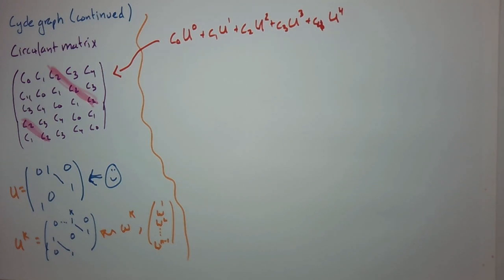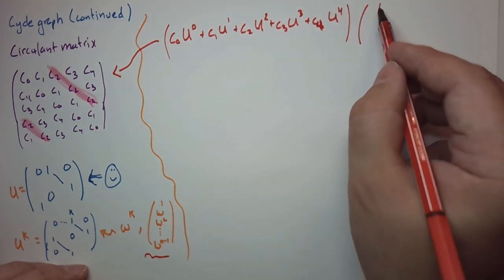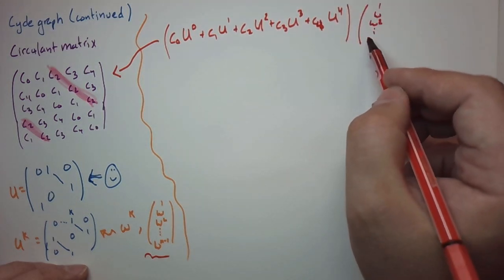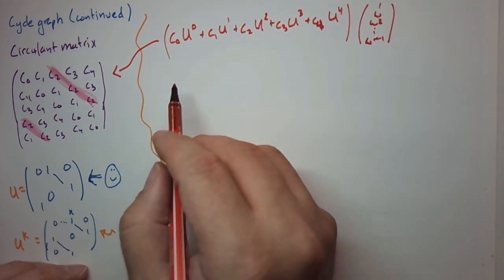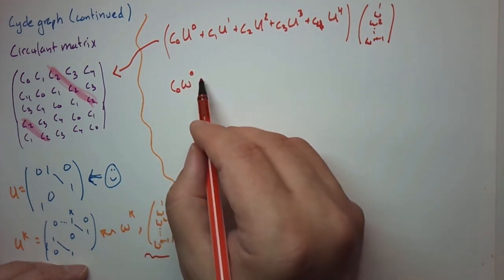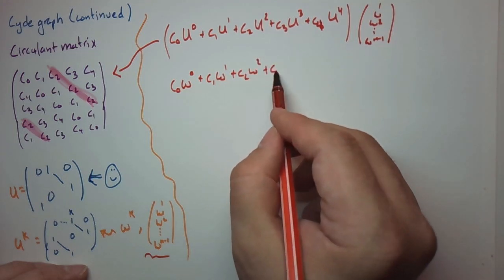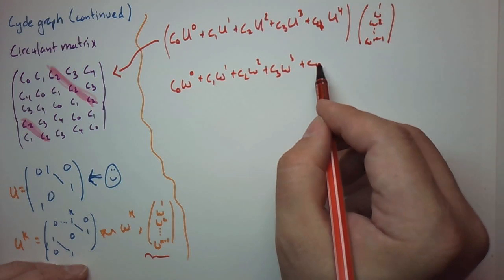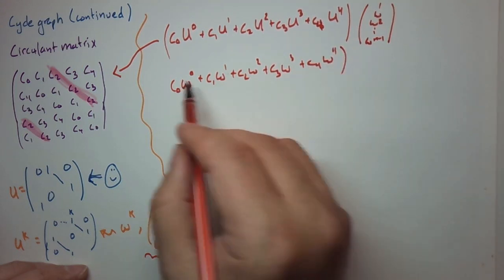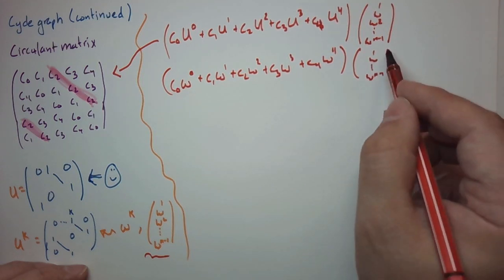Now, why is this nice? Well, because they all have the exact same eigenvectors. And so I can simply multiply this by 1, omega, omega squared, down to omega to the n minus 1. And what happens? Well, we end up with C0 omega to the 0 plus C1 omega to the 1, C2 omega squared, C3 omega cubed, plus C4 omega to the 4th, times 1, omega, down to omega to the n minus 1.